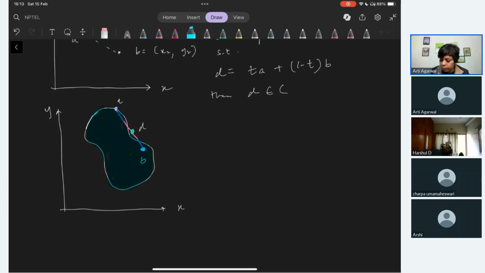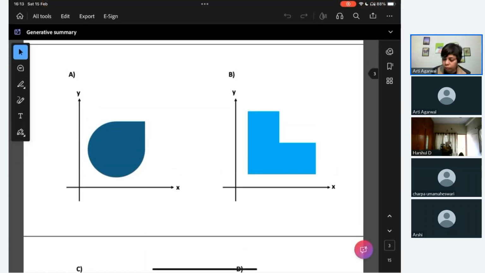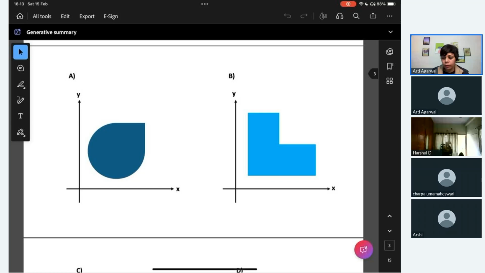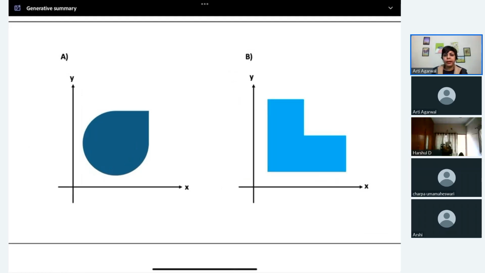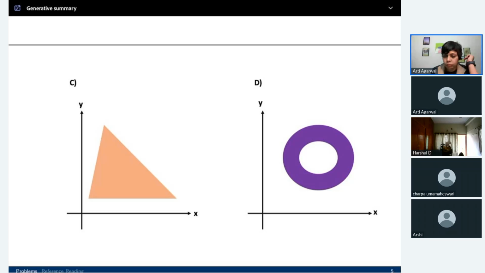So now let's go back to the diagrams which we were discussing. These are the diagrams. This is A and B, and this is C and D. So now you have to answer which ones you think can be consumption sets and which ones can't be consumption sets.